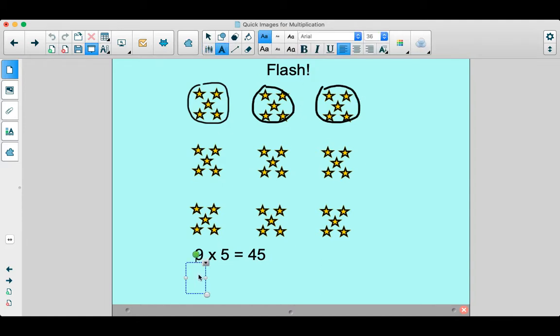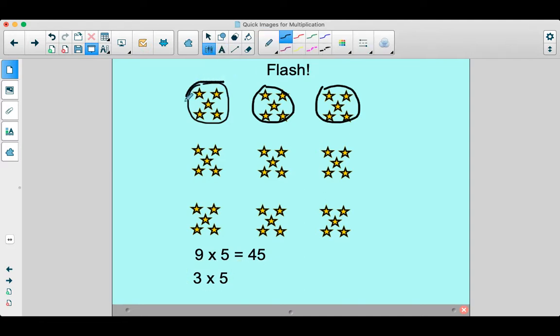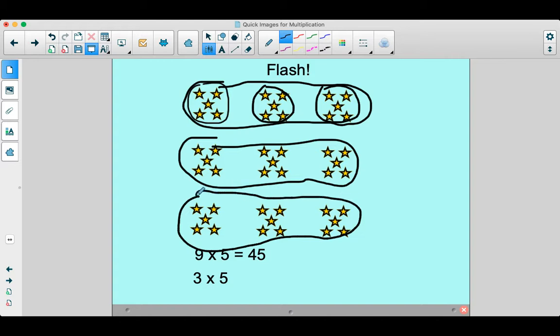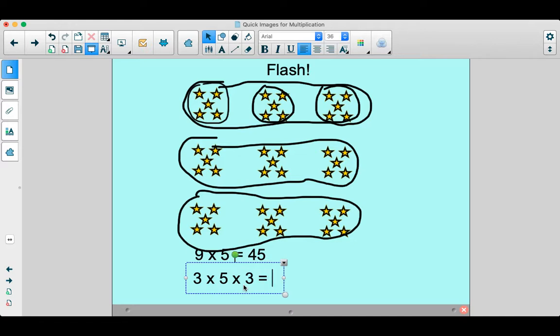So 3 groups of 5, but then you're like, but it happens not just once, not just twice, but it happens 3 times. All right, so maybe you're like, okay, so 3 times 5, but it happens 3 times. So 3 times 5 is 15, and 15 times 3 is 45. Maybe you saw it like that.